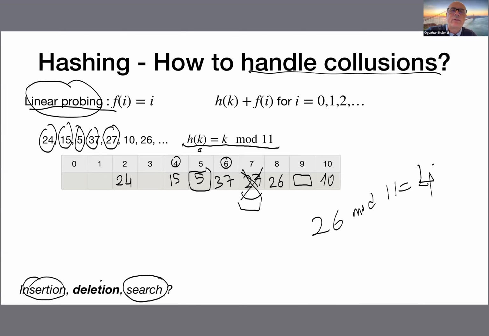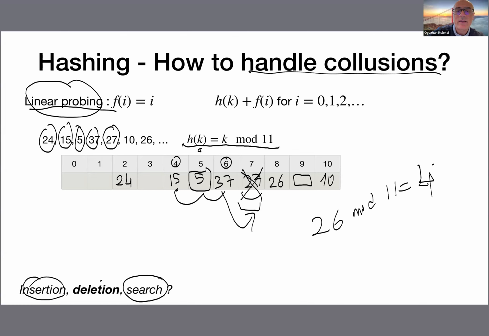You go to position 4, it is occupied, and you check the next position, and the next. You will keep checking until you hit a vacant position. Since you deleted 27 in the previous step, you will hit the vacant position here, and you will say that 26 is not in the hash table. Indeed, it is. That causes a problem.